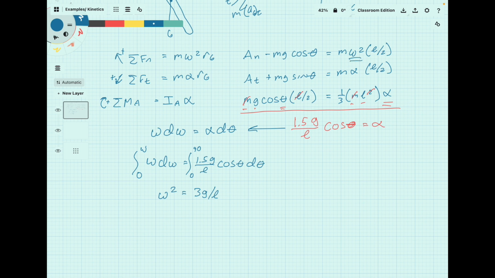Right there, we got the omega square term right there. And when I do that, it's fully solvable. And what I get when I basically sub everything in and work through it, I'm going to get AN is equal to 2.5 mg.